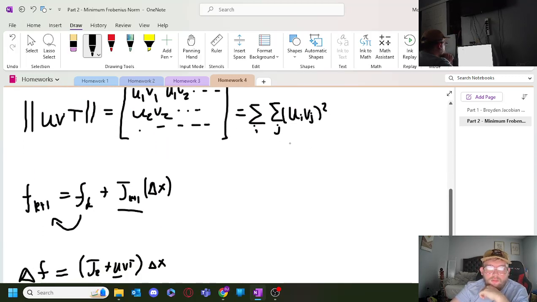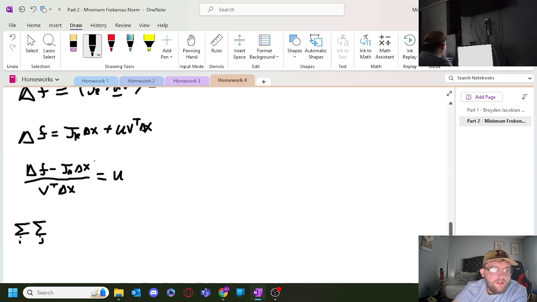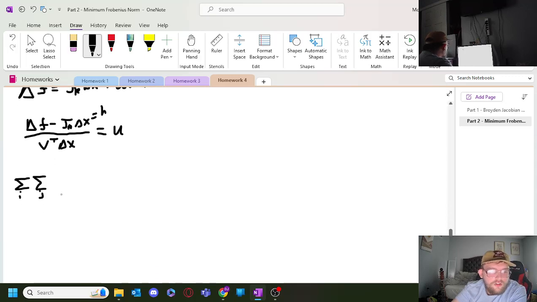So if we go back up here to this equation, we bring it back down. We've got the double summation still of i and j. Here, just so I don't have to write it out each time, I'm going to rename the numerator up here to h.